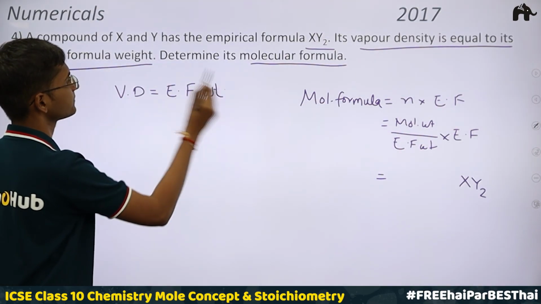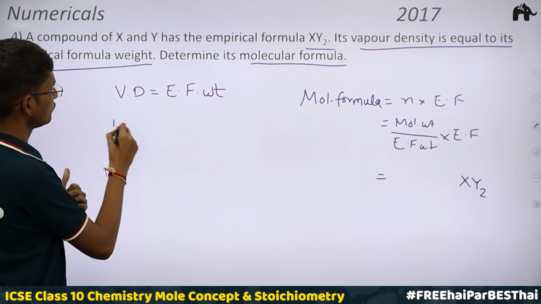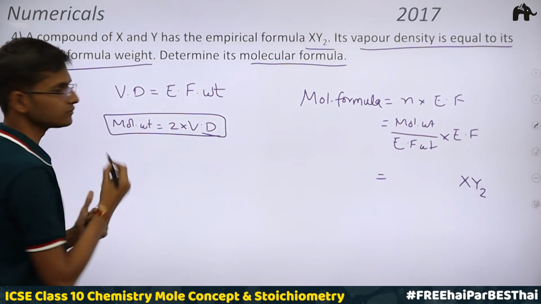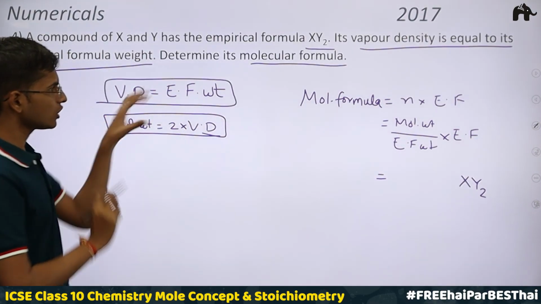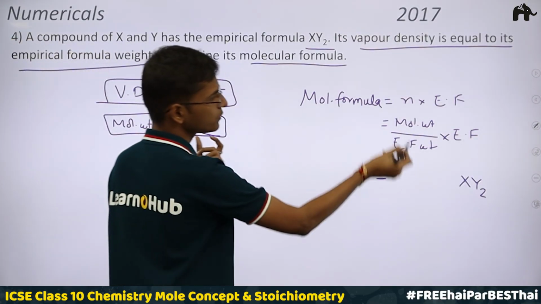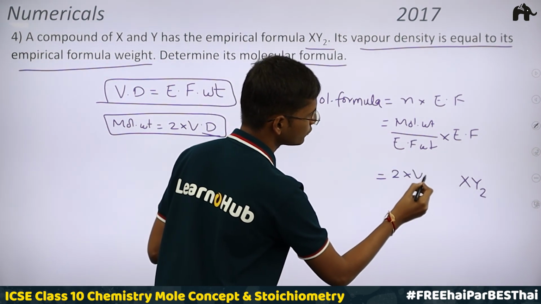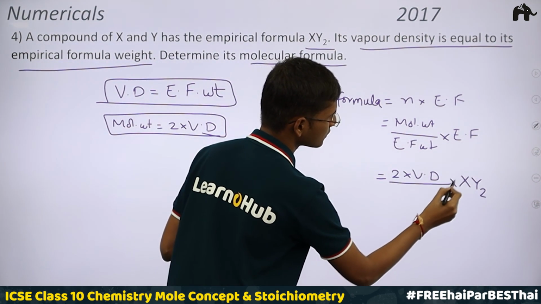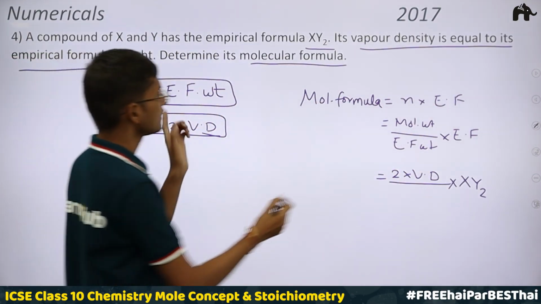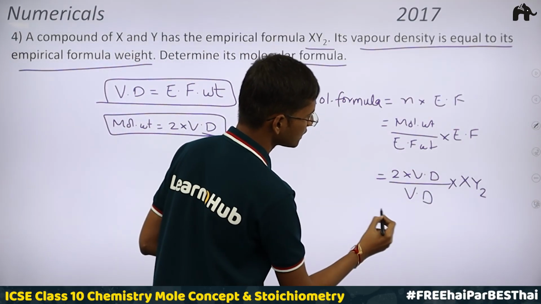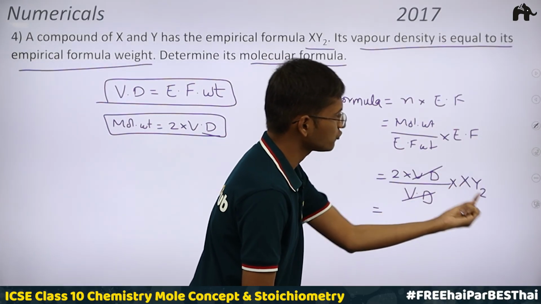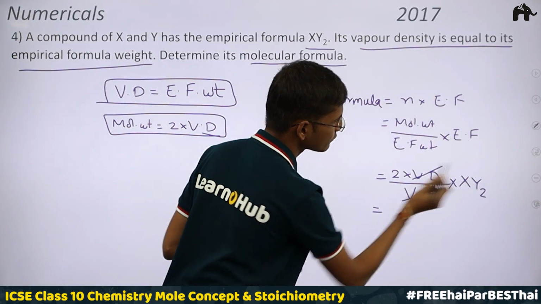Now we know that molecular weight is 2 into vapor density, and the empirical formula weight is the same as the vapor density, as given in the question. So we use these two things. I put the molecular weight as 2 into vapor density, and the empirical formula weight as vapor density. Now the vapor density cancels, so we get 2 into XY2, which is multiplication of the empirical formula.